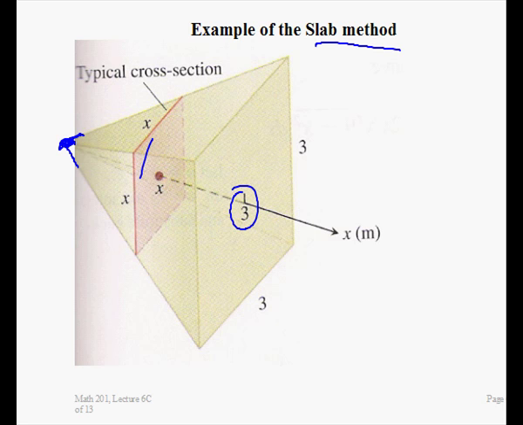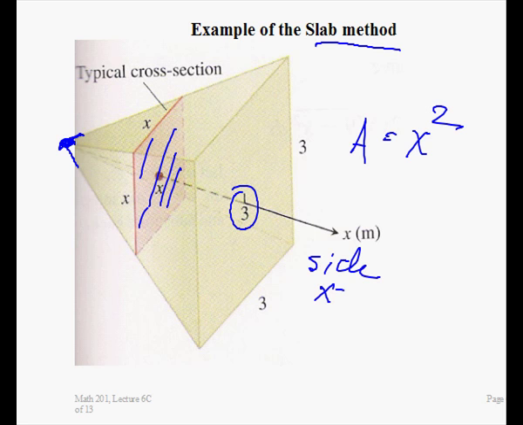So here's a typical cross-sectional area right here. So the area in this case is x squared, because x is varying. The length of the side, when x equals 0, the side is 0. When x equals 3, the side is 3, and it's a linear variation, therefore the side equals x.